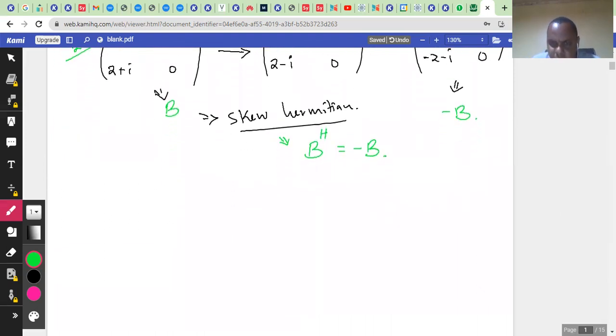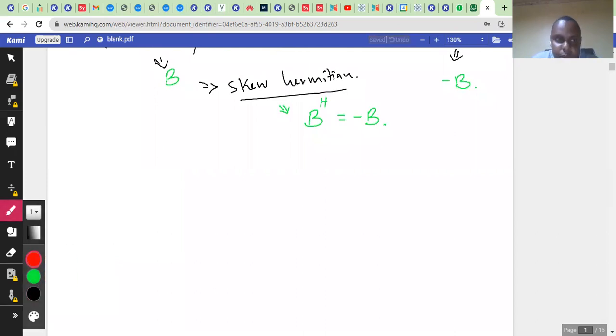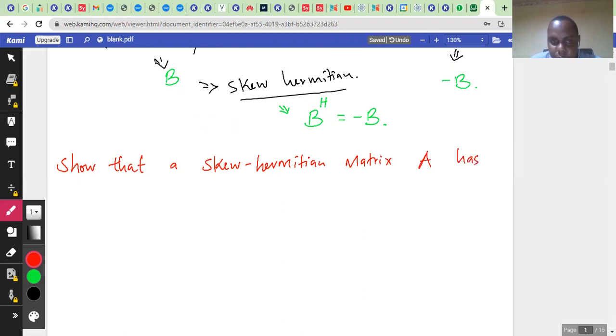So we go now to the question. You need to show that a skew Hermitian matrix A has purely imaginary eigenvalues.